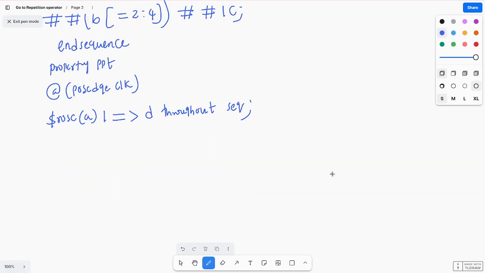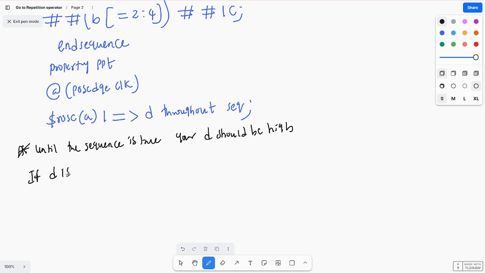It means until the sequence is true, your D should be high. Whatever sequence you are checking, until the sequence is true, D should be high. If D is 0, your assertion is going to fail.